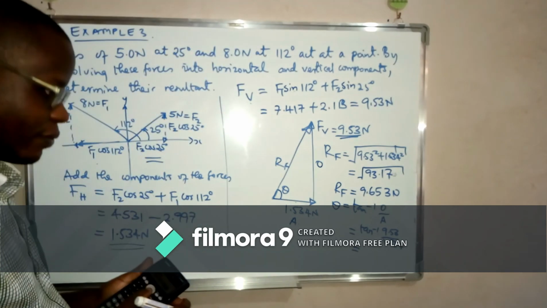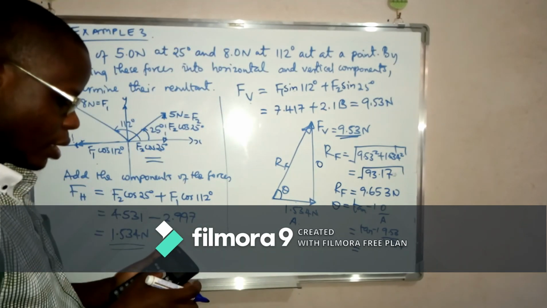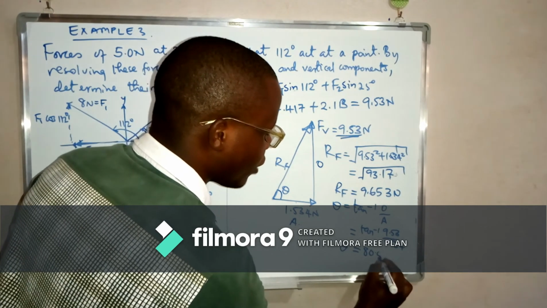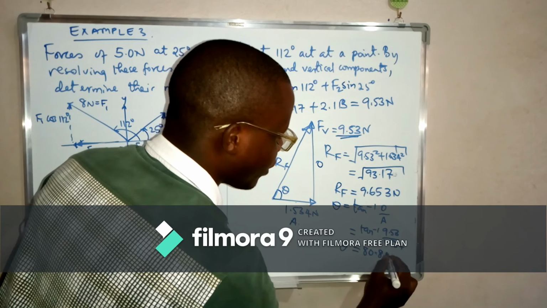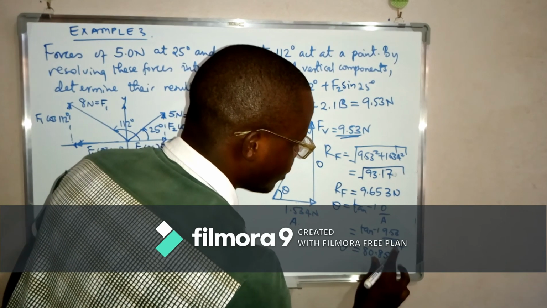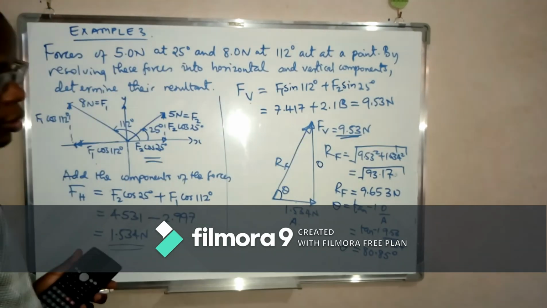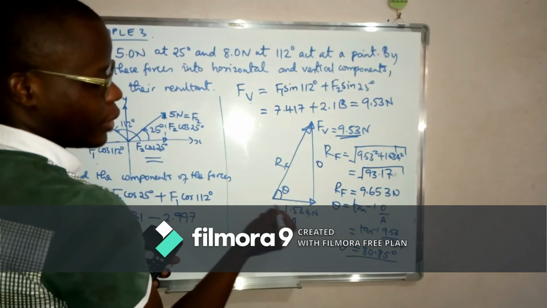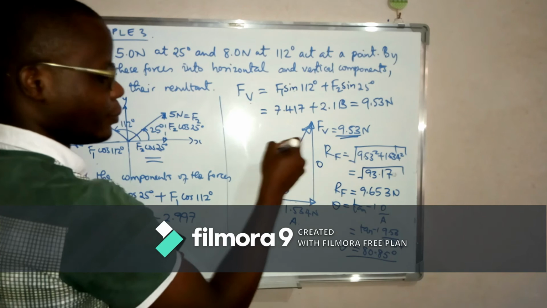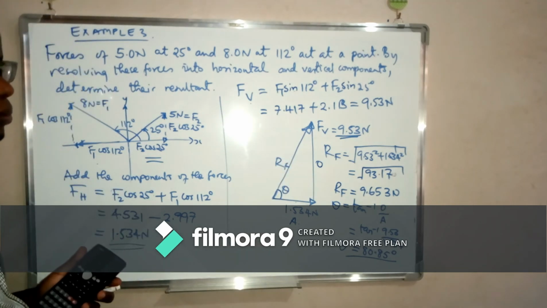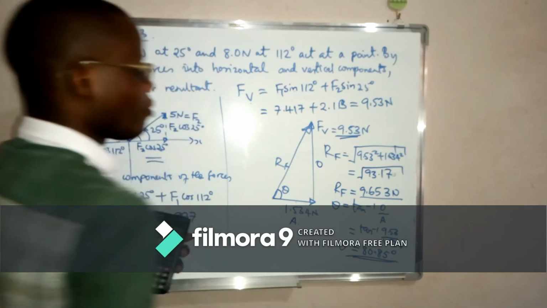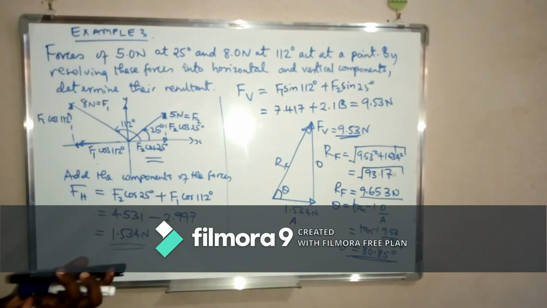Tan inverse of that gives around 80.85 degrees. So theta is 80.85 degrees. This is the angle between the horizontal and the resultant force. So this is the magnitude, and this is the direction of the resultant force.